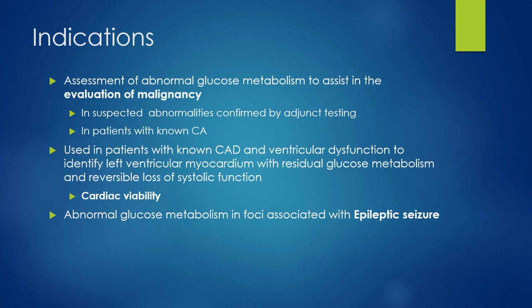So the indications for FDG oncology studies: it's for the assessment of abnormal glucose metabolism to assist in the evaluation of malignancy in suspected abnormalities confirmed with adjunct testing, such as CT or MRI. It's done in patients who have a known cancer, and it's used in patients with coronary artery disease and ventricular dysfunction to identify left ventricular myocardium with residual glucose metabolism.